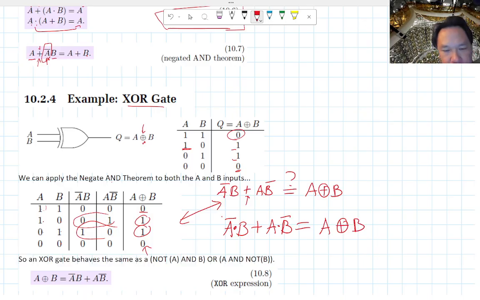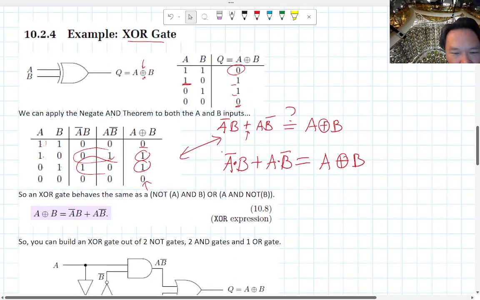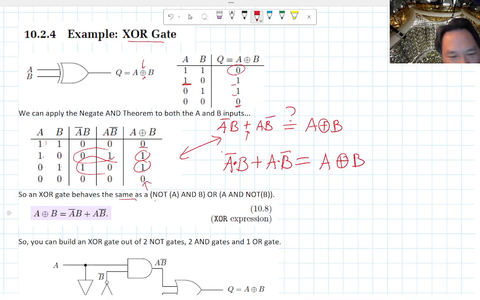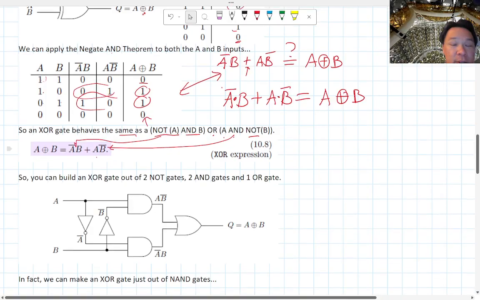So not A and B, or A and not B, which is the second half of this, is the same thing as an exclusive OR gate. This is known as the exclusive OR expression.